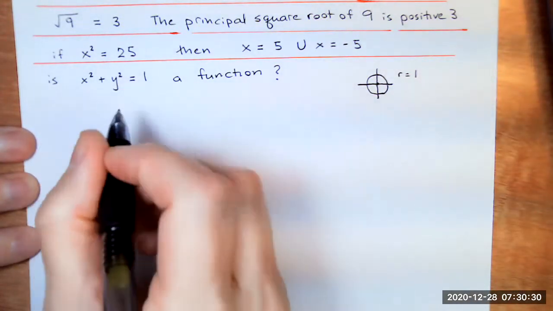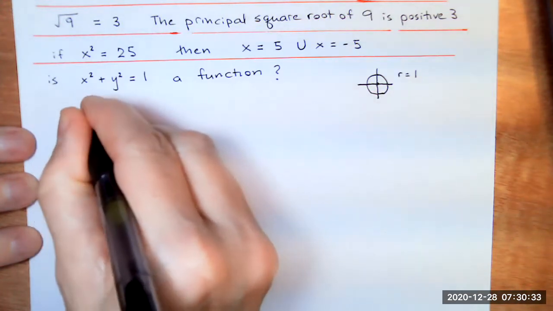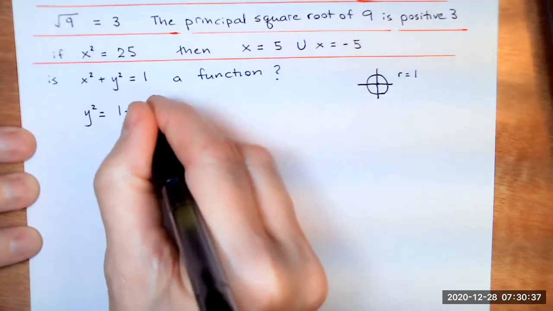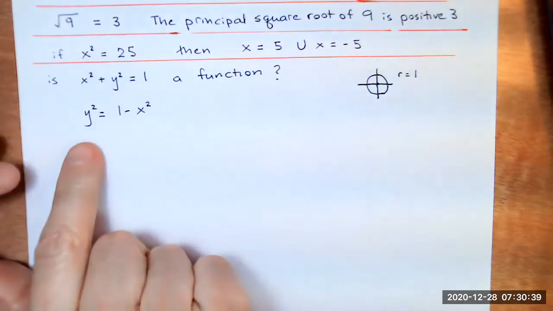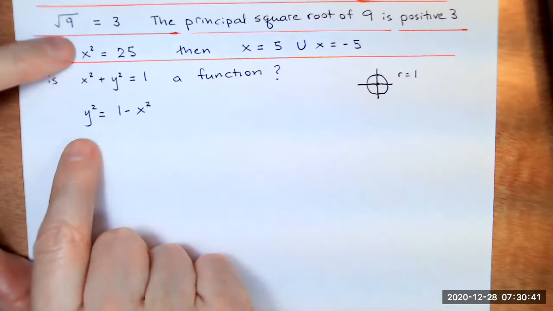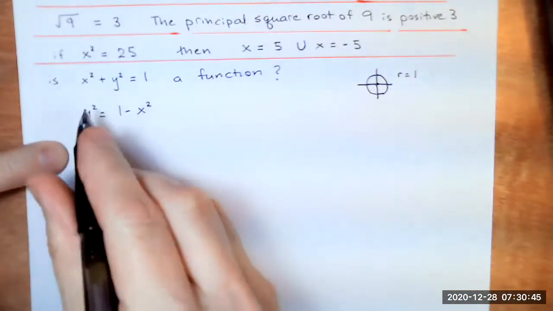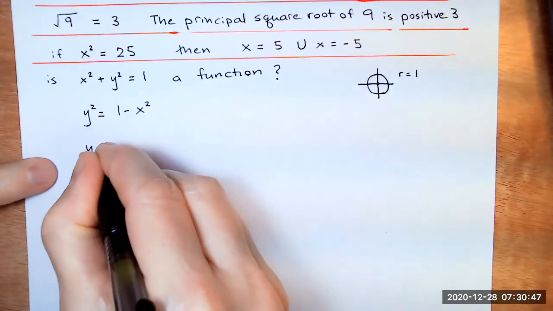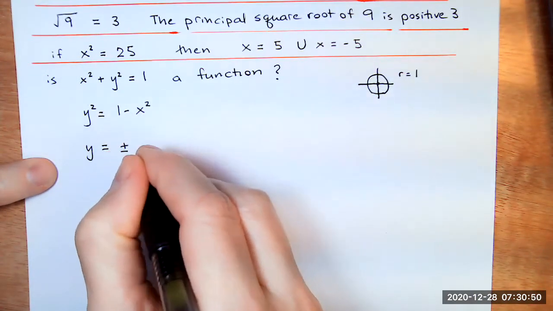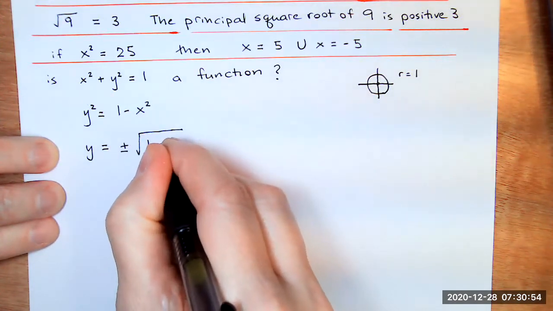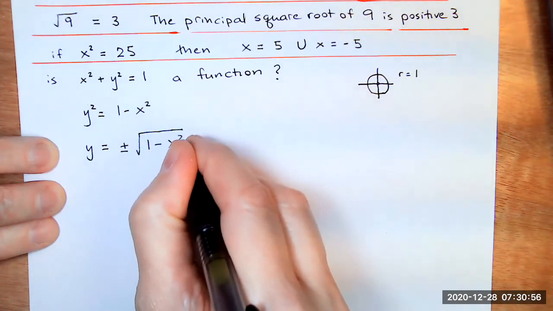So let's subtract x squared from both sides. And then when we solve for y, we have to recall that there are two answers. So we get y is plus or minus the principal square root of 1 minus x squared.